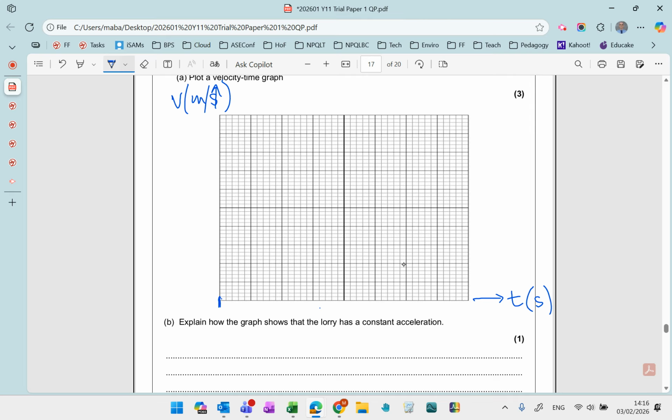So now instead of going up with 2 big squares is equal 10, I'm going to go up with 1 big square is equal 10. So that's going to become 10, 20, 30, 40, 50. So I'm still using a sensible scale that doesn't require any ridiculous calculations to try and work out how to fit it onto the scale.